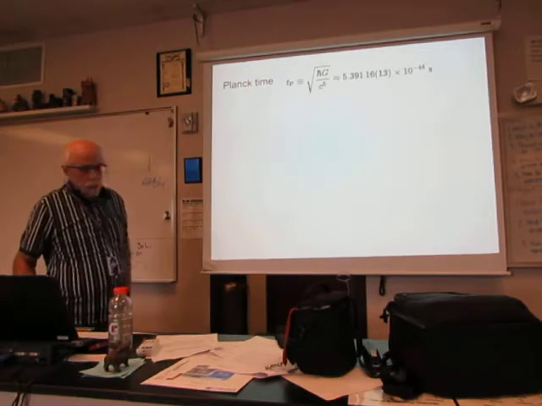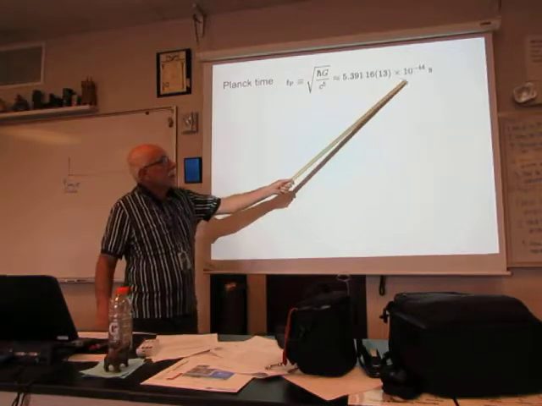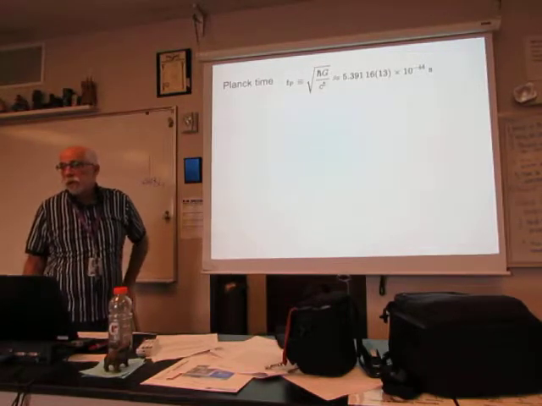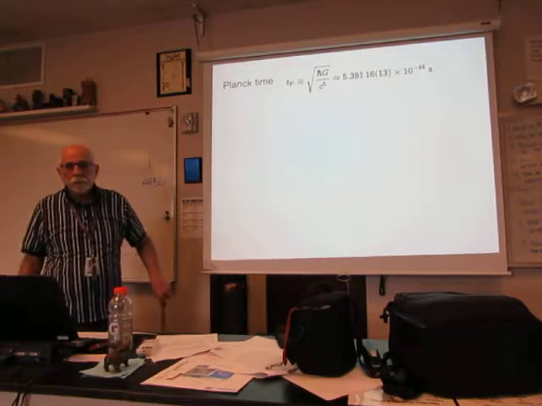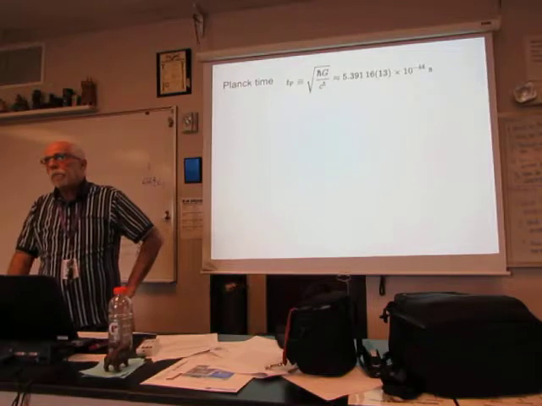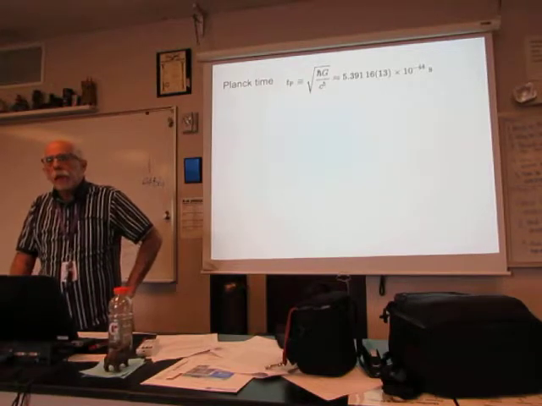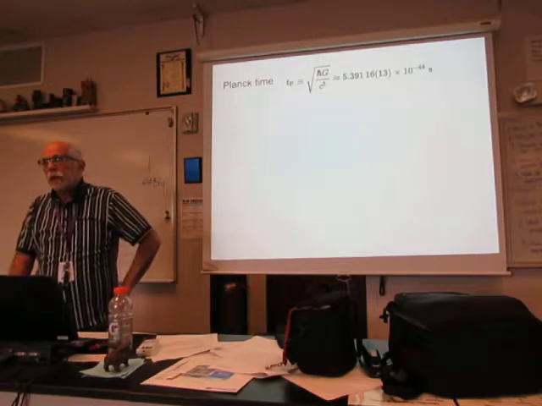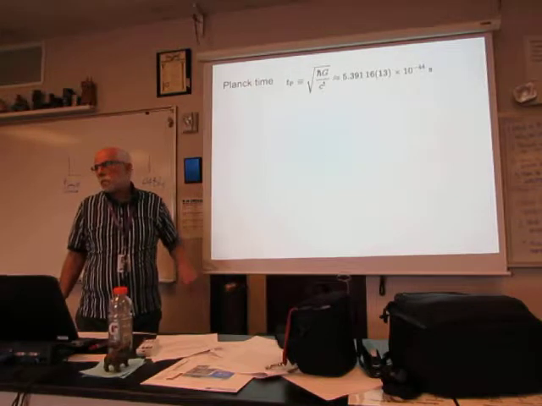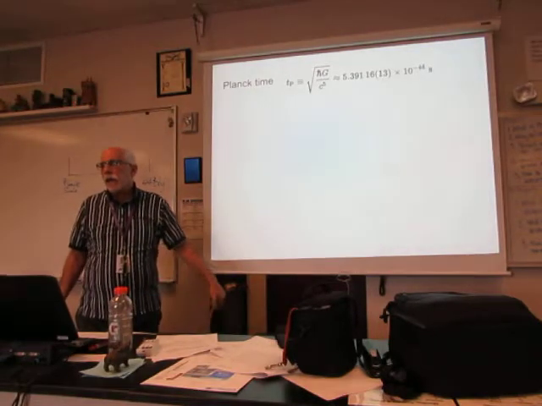Planck time. Look how tiny this is. 10 to the minus 44 seconds. Yes, sir. So, are we saying that space is quantized? Time is quantized? Maybe. But the theoretical understanding of this scale is immature.